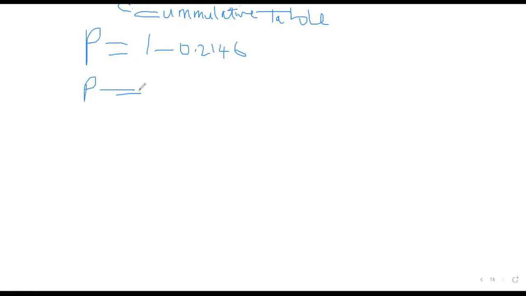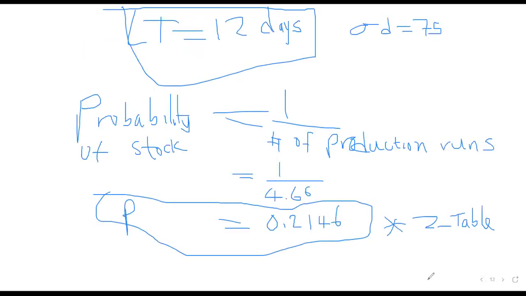So the service level of this company is 0.7854, because this 0.2146 is the probability of stock out. So what is the service level at which they can satisfy customers? The probability of stock out is that they may not have the stock, they may not produce, in short.